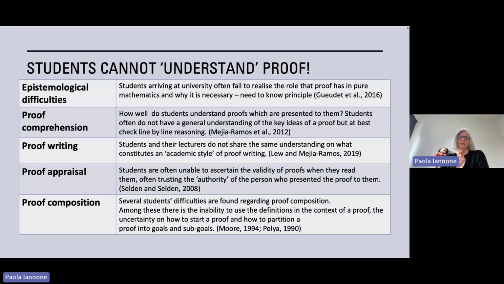So the first area is an epistemological difficulty. The students arrive at university from a schooling, at least in the UK, that doesn't really have this idea of proof. So students don't really know how we can say in the context of mathematics what is true or not. They don't do this at school. They don't entertain this idea.